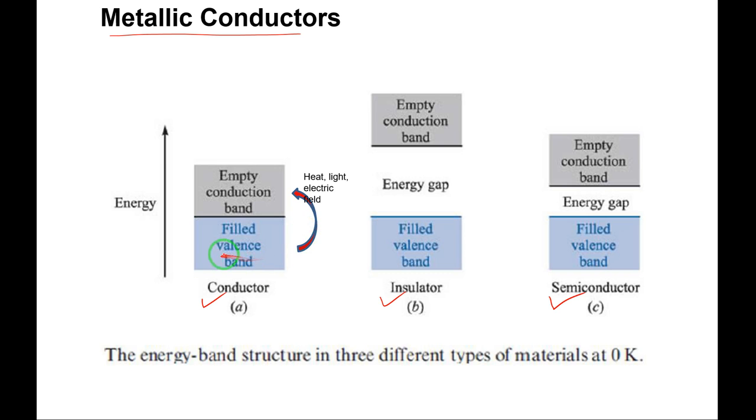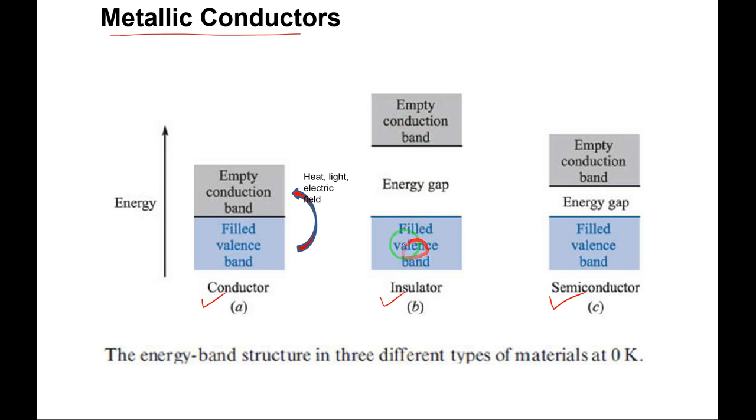Conductors are those which have higher conductivity, right? Insulators are those materials which have lesser conductivity or no conductivity at all. You can observe the large energy gap between the valence band and the conduction band.